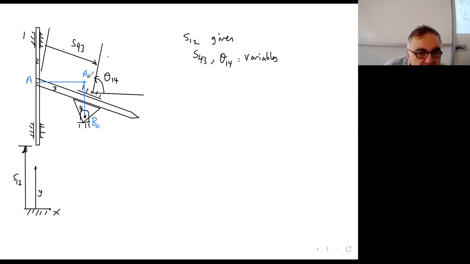A0, this is A0, sorry. Now, this distance between A and B0, I will call it S. And this angle between here and here, I will call phi.